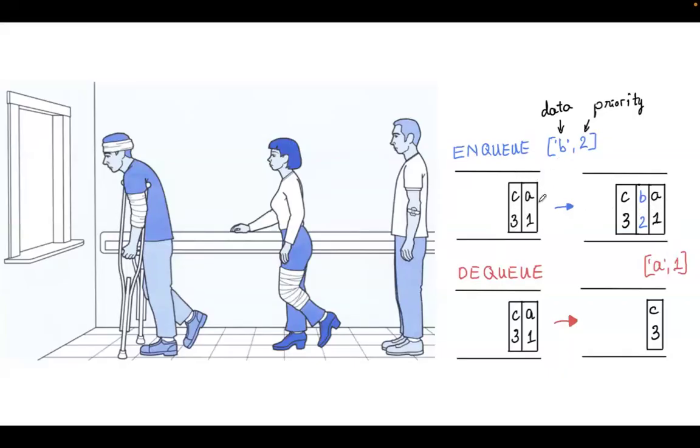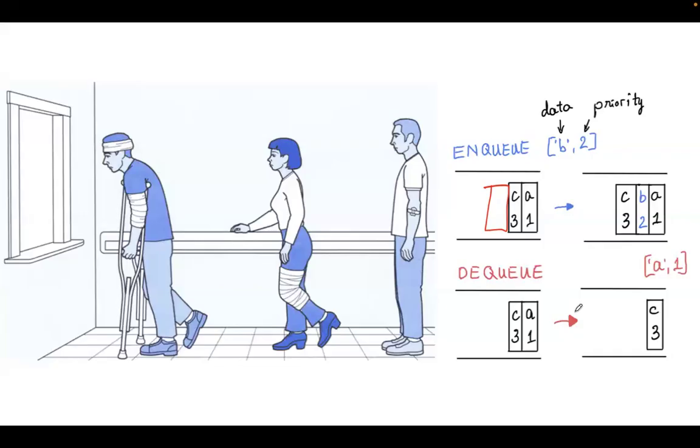So if A has priority 1 and C has priority 3, then when we go to NQ B with priority 2, it doesn't go after C, because it's got higher priority than C. So it goes here instead, in between the two. And then if this is our queue and we go to DQ, we just DQ the thing with the highest priority. Okay, so that's priority queue.